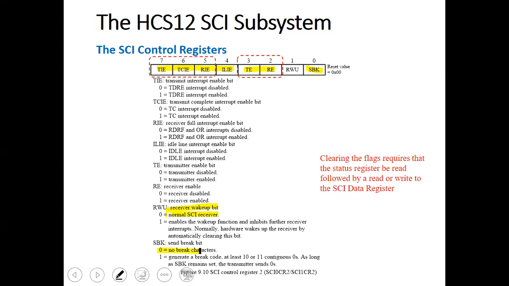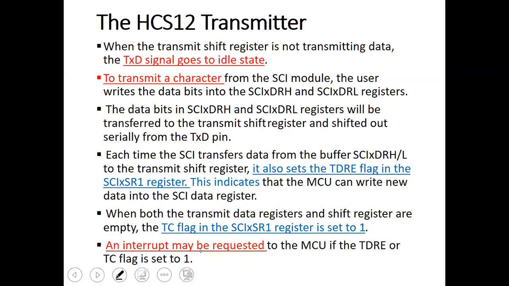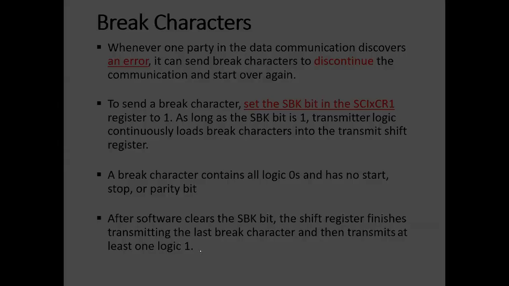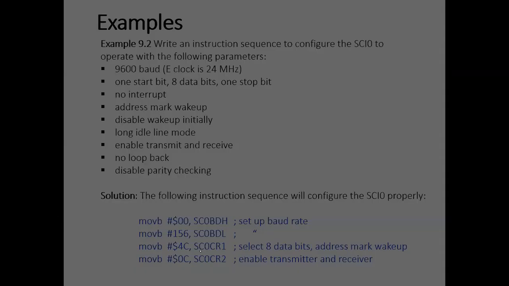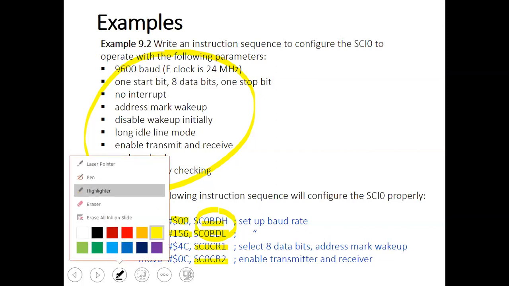Based on the requirements that you have for the setup of the module or the peripheral device, you just figure out what values to place in the corresponding bits in the special registers associated with the module. So basically 4 simple instructions in assembly: the SCR1 and the CR2 registers.